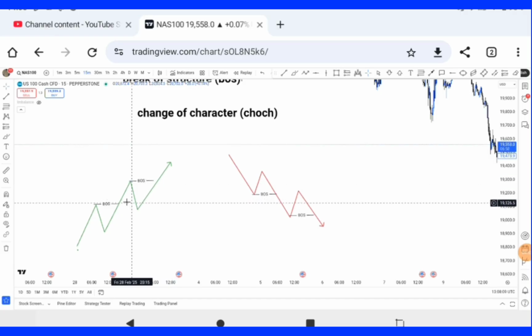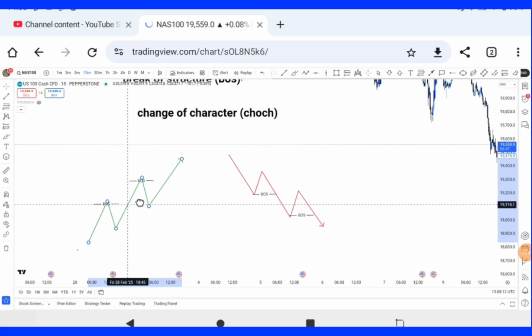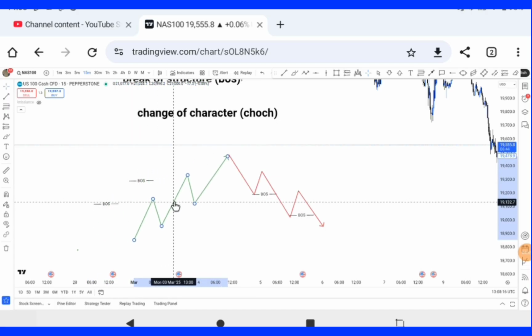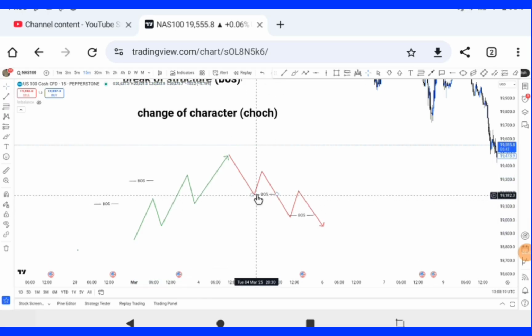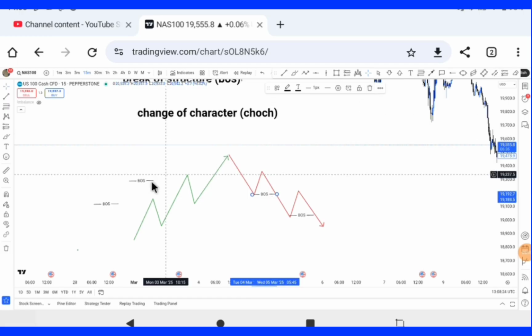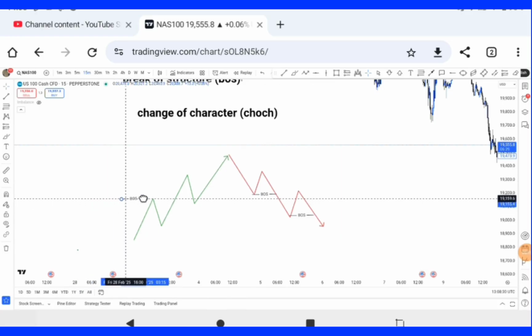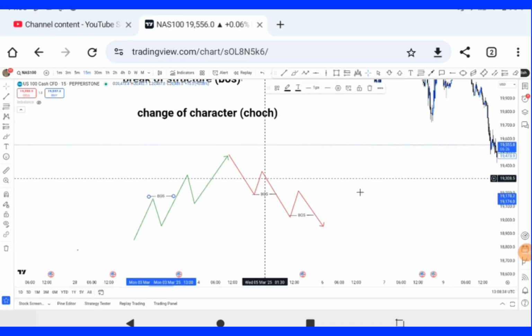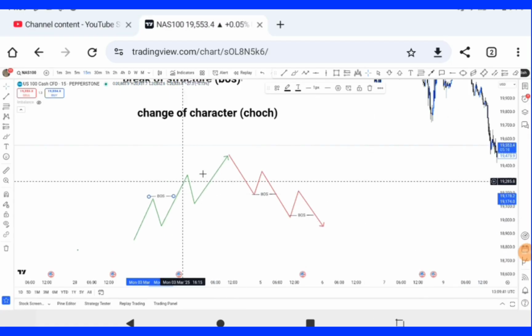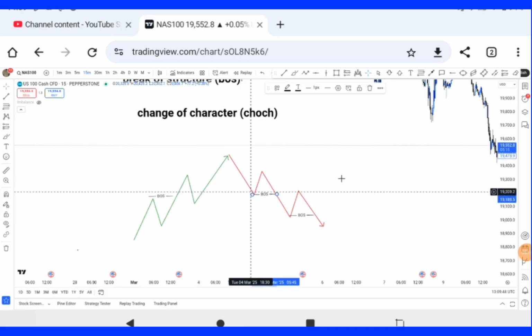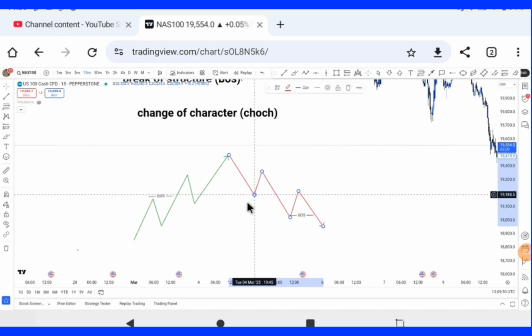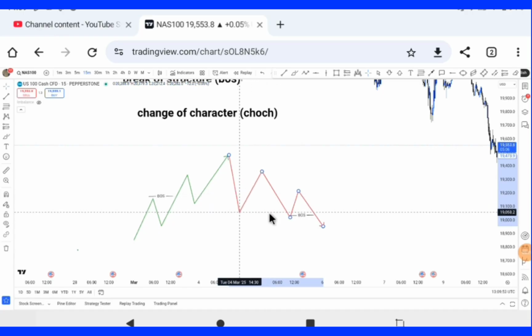Okay, fine. Let's look at something in this illustration. This market has merged together, both the uptrend and the downtrend. That is how the market is. You understand? So let me delete all these break of structure labels, and let me move this here. As this has been merged together now, let's assume we have something like this.